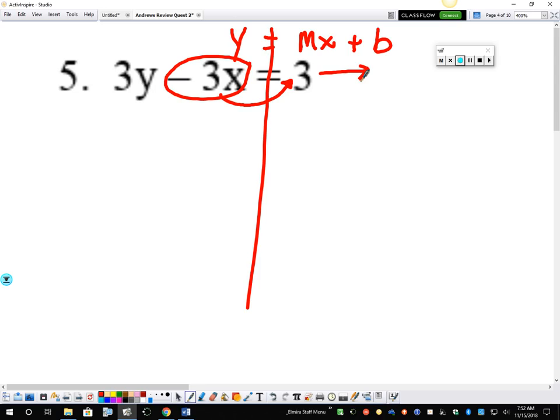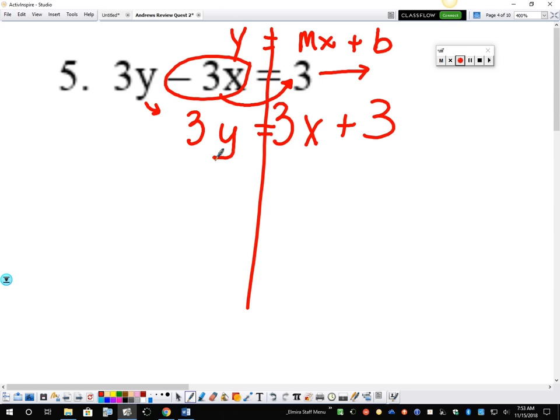And for 3x, if we change sides, we change signs. So where this is a -3x on the left-hand side of the equal, it will be a positive 3x on the right-hand side of the equal. And the 3 I have just moved over. The 3y will come down. So don't forget, change sides, change signs.